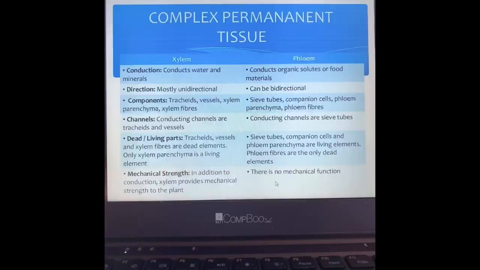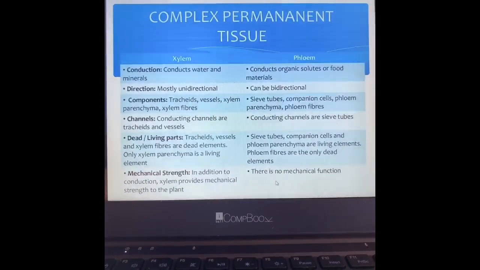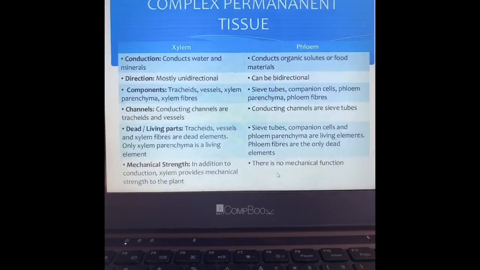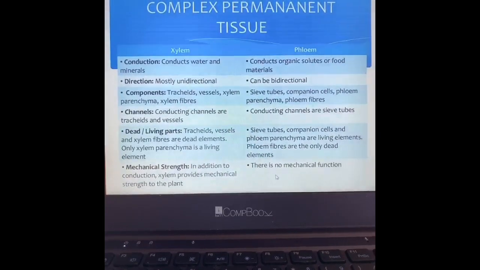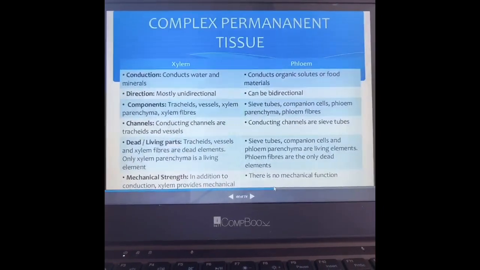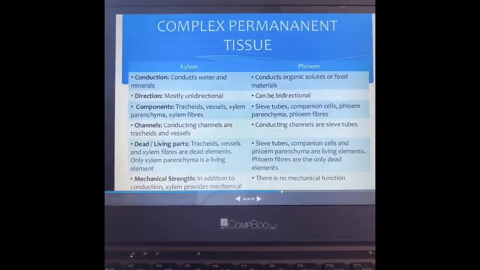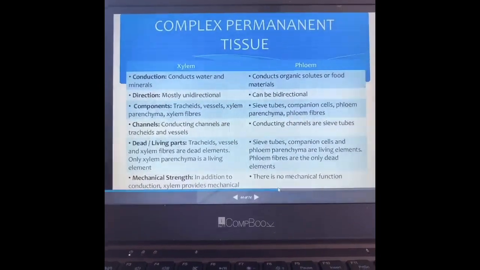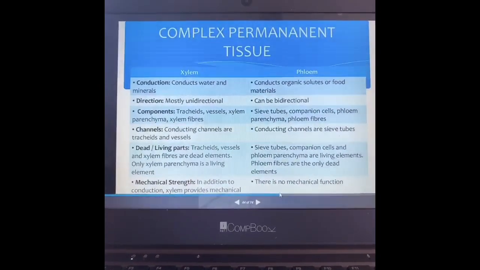Now let us discuss the differences between the xylem and the phloem tissues. Here is a list. If we talk of conduction, xylem conducts only water and minerals, whereas phloem conducts organic solutes and food materials. Xylem conducts water and minerals only in one direction, that is from the roots to the stem.